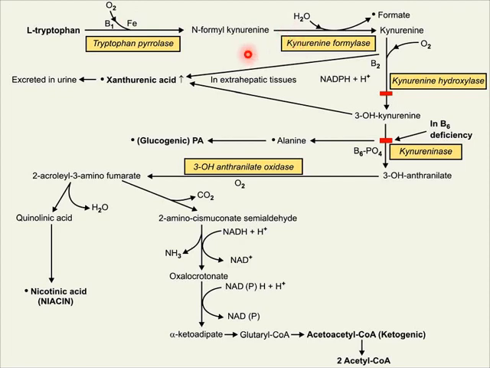Then this N-formyl kynurenine is converted into kynurenine with the help of kynurenine formamidase or formylase enzyme. Here in this step we can see there is a release of a 1-carbon compound, that is formate, that goes to the 1-carbon metabolism or 1-carbon pool. So this is the first compound that we get from the tryptophan.